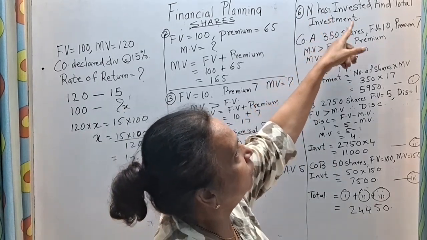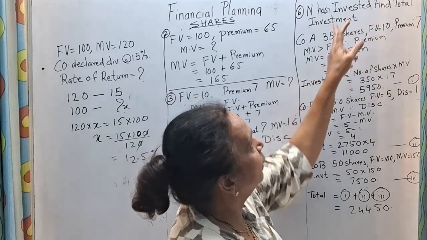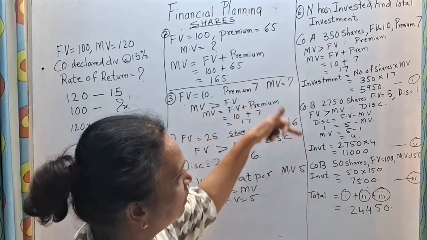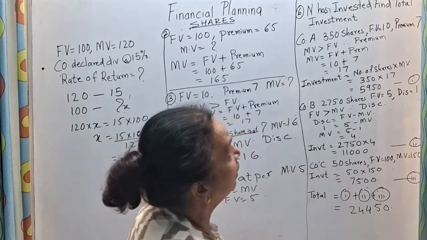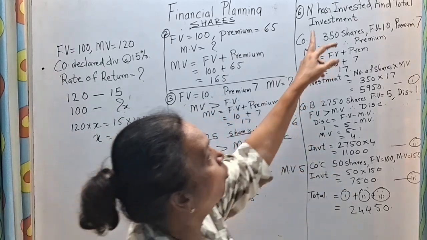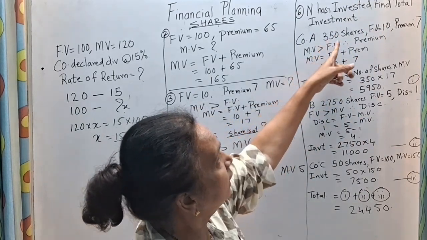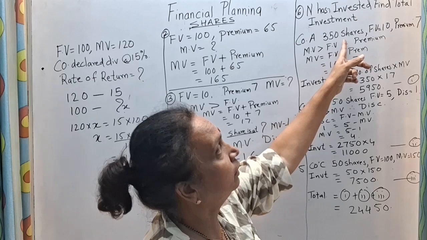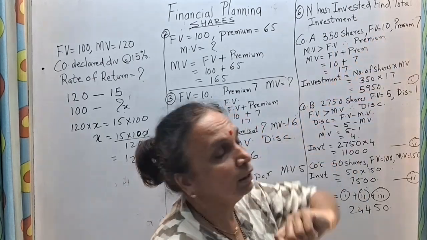Some Mr. N has invested some amount in various companies like company A, company B, company C, okay. Now they have asked you to find how much total investment he has done. They have given us that he has invested in company A 350 shares. The face value is 10 and the premium is 7.